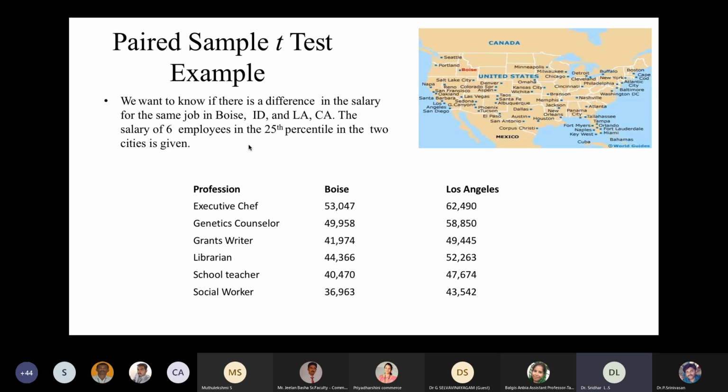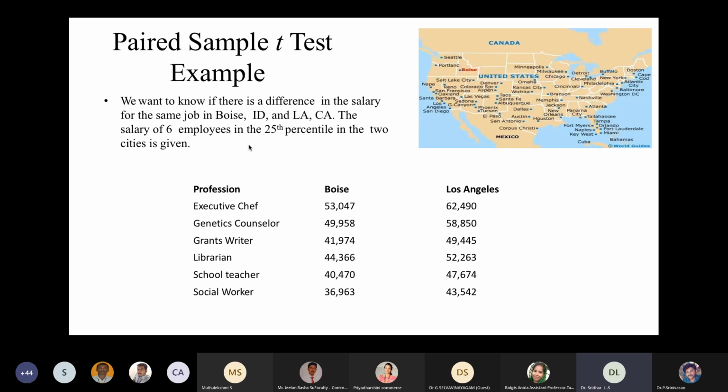Yes. In the paired sample test, you can see the professionals' salary difference. You can observe, like six employees, the differences between chief executives and their salaries. You can observe whether the salaries are the same region-wise or different.